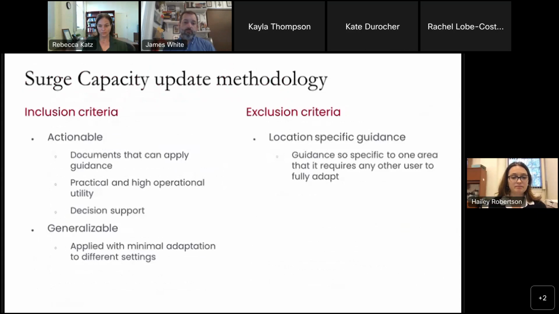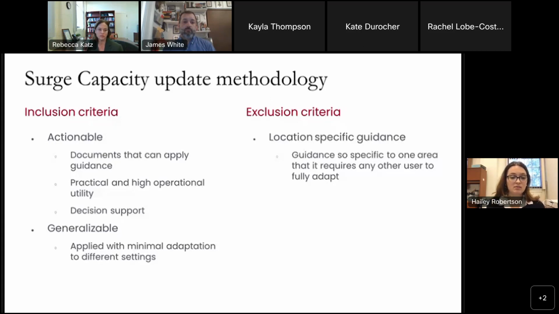Next slide, please. We then used combinations of keywords and phrases to search the gray and academic literature for surge capacity records meeting the following criteria. The documents needed to be or include actionable information and tangible guidance for decision support, such as toolkits, planning checklists, but this could also include reports and journal papers with useful evidence for decision makers or comprehensive recommendations.